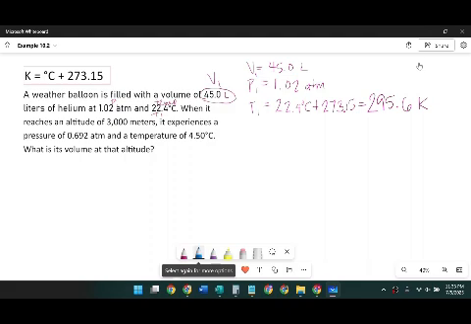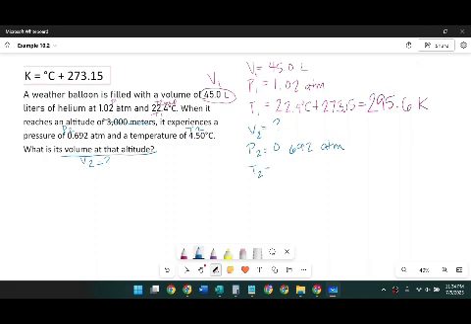Let's keep rereading our question, looking for more. The altitude is just telling you that there's a change here. We don't need to worry about what this number is. It experiences a new pressure. So here's our P2 and a new temperature. Here's our T2, and our volume is actually what the question is asking. This is what we want to know. So our V2 is the question. Our P2 is 0.692 atm, and then our second temperature is 4.50 degrees Celsius.